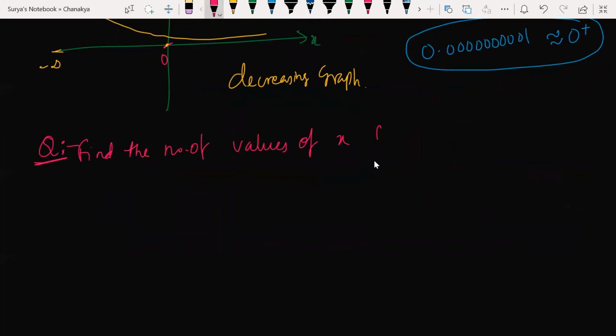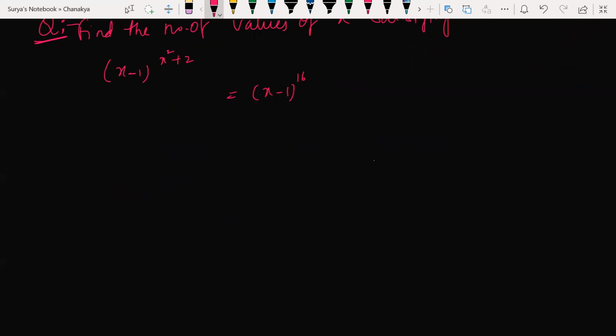Find the number of values of x satisfying (x minus 1) whole to the power of x square plus 2 is equal to (x minus 1) whole to the power of 16.